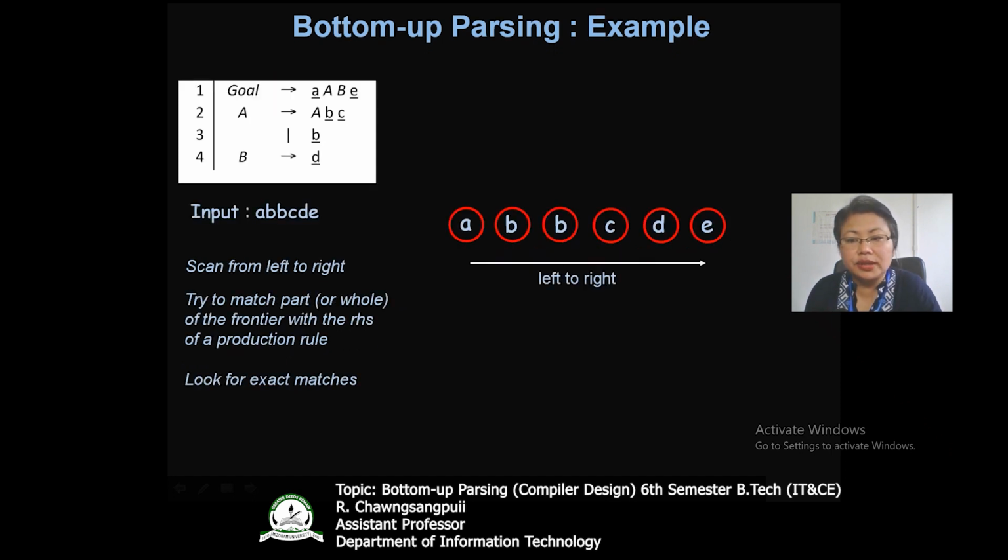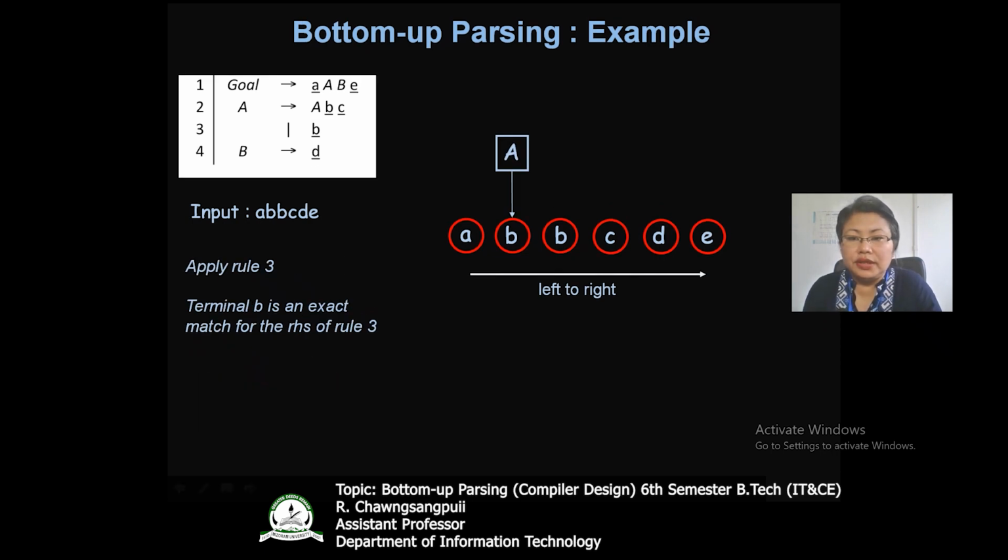Now here we scan the input symbols from left to right, from A, B, B, C, D, E. Now we try to match the whole of the frontier with the right hand side of a production rule. We look for exact matches, looking at which one matches the right side of a production rule.